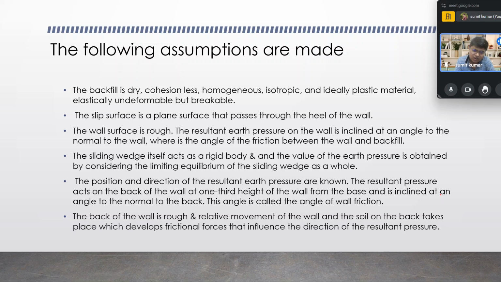The angle δ is called the angle of wall friction. The back of the wall is rough, and relative movement of the wall and the soil on the back takes place, which develops the friction force that influences the direction of the resultant pressure.